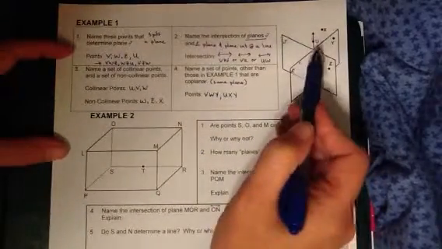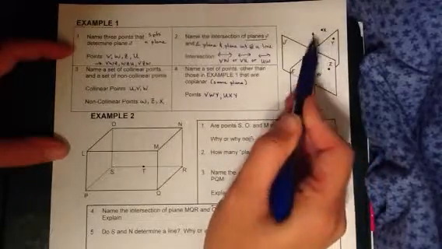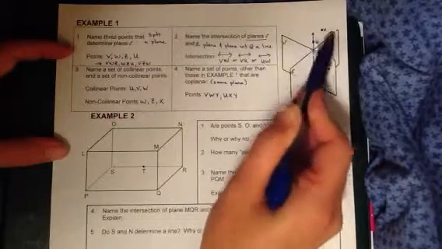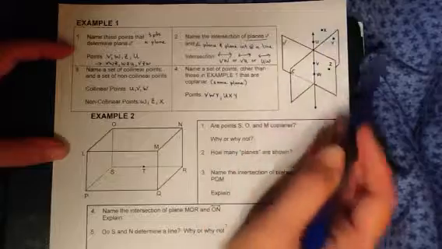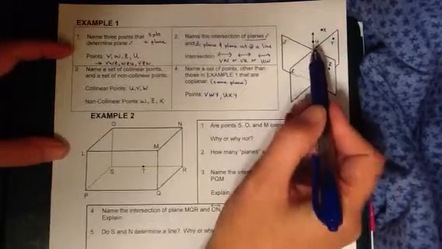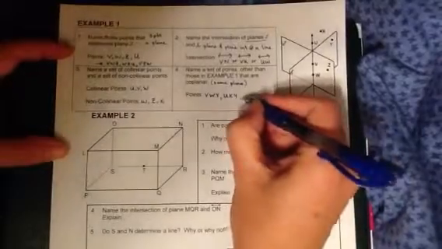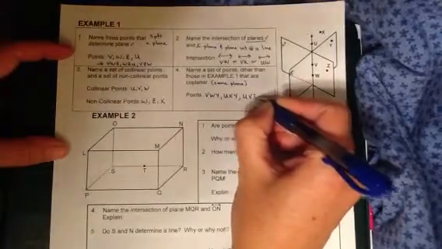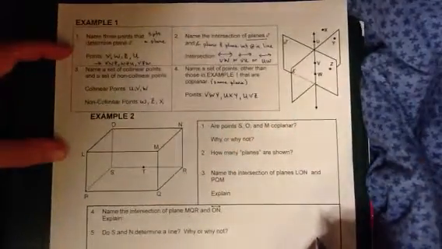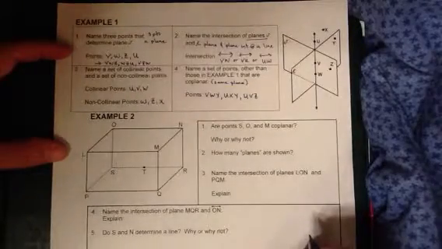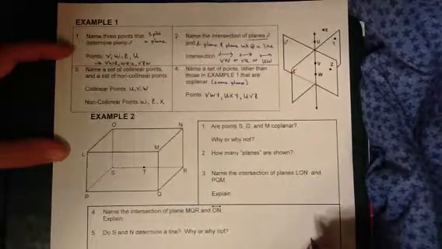They are non-collinear, so there is a plane that would connect those, even if it's not drawn. So then the same thing if I pick U, V, and Z. Okay, those would also be coplanar. So any 3 points would be coplanar. They would be on the same plane.